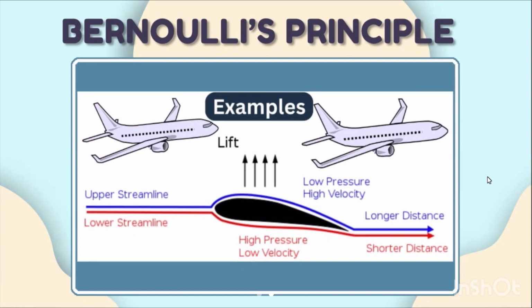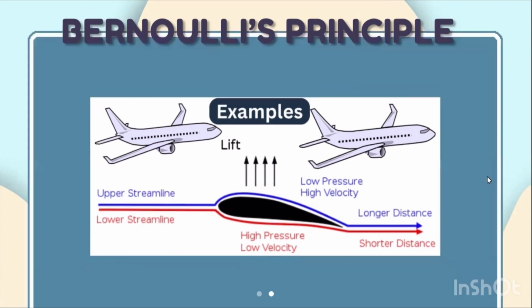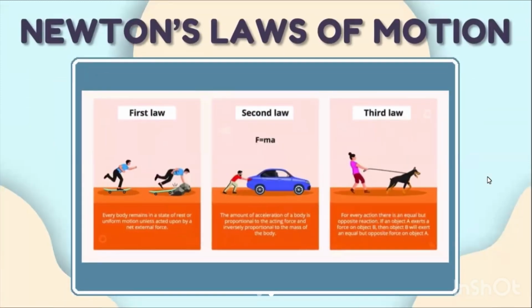Next is Newton's laws of motion. As you can see, there are three Newton's laws of motion. The first law of motion: an object's motion will not alter unless there is a force acting on it.